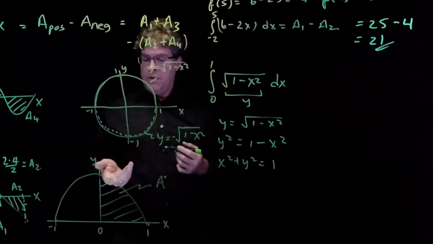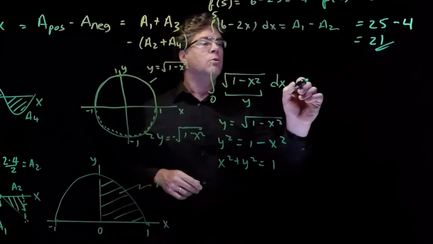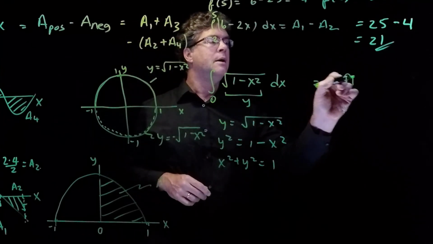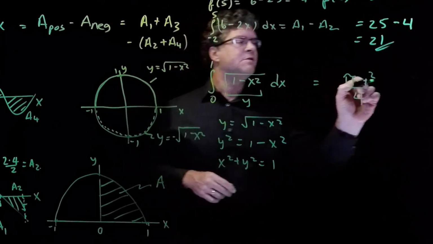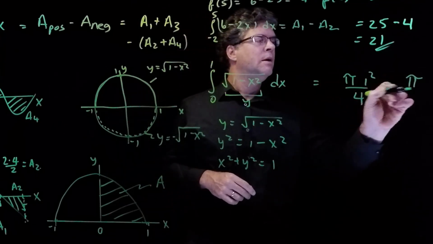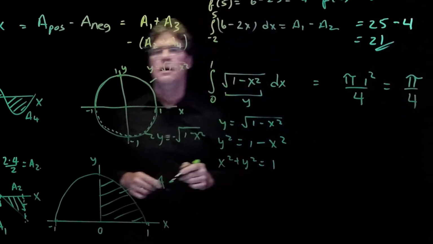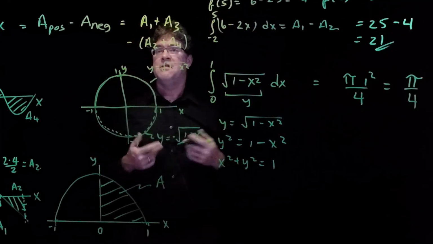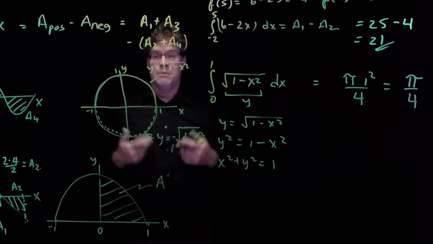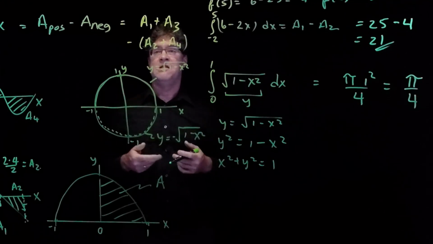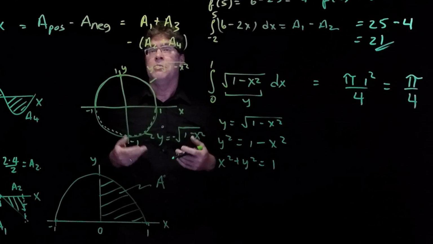And so the area of a quarter of a circle will be equal to pi times 1 squared over 4, which is equal to pi over 4. And that's our answer. And we derived this just using the geometrical interpretation of the definite integral. And sometimes for problems like this is the easiest way to compute a definite integral.